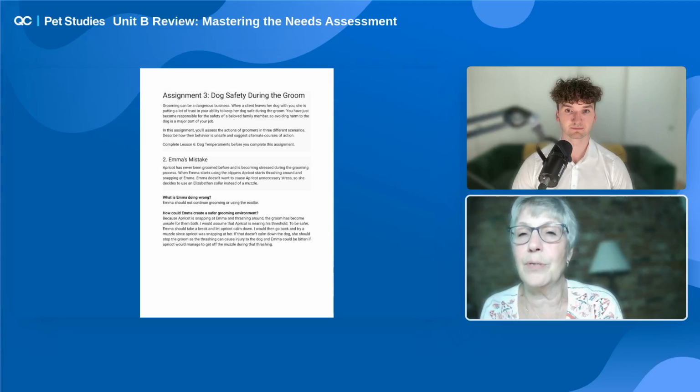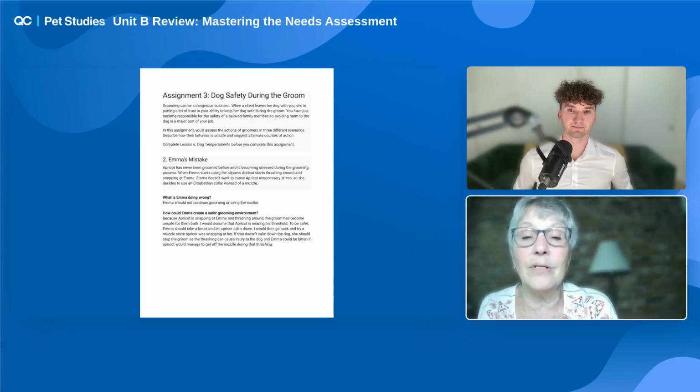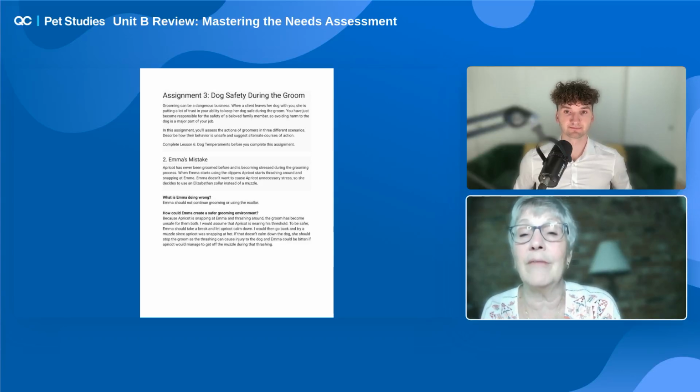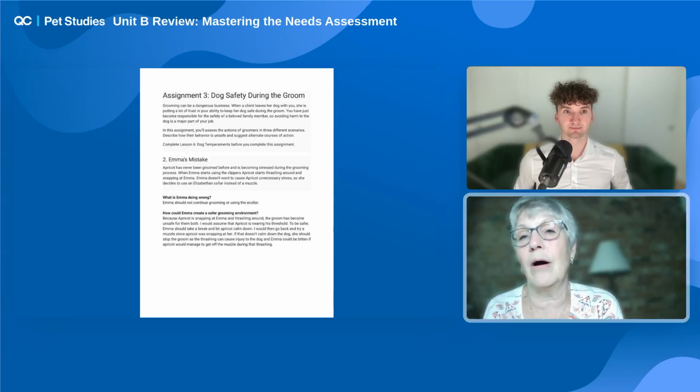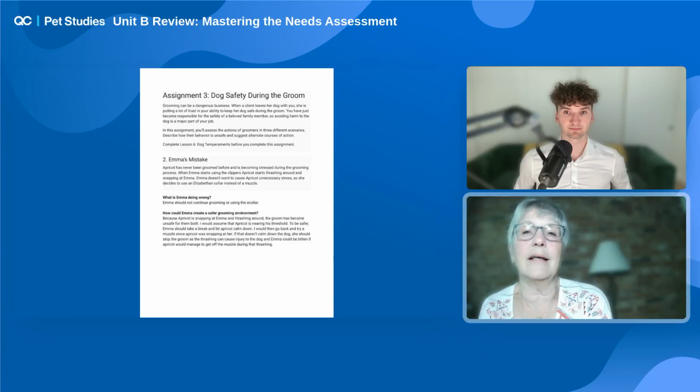If you look at this entire assignment, it is about dog safety during the groom, as well as groomer safety too, right? So we've got to keep everybody safe here. In this particular scenario, we're trying to keep this groomer safe, because she's choosing an accessory, the e-collar, that's not going to offer the protection that she's going to need.